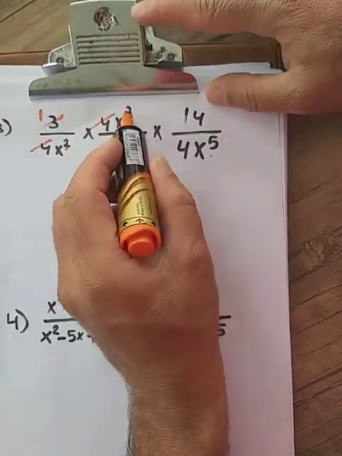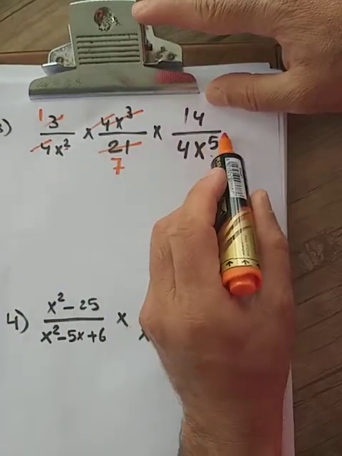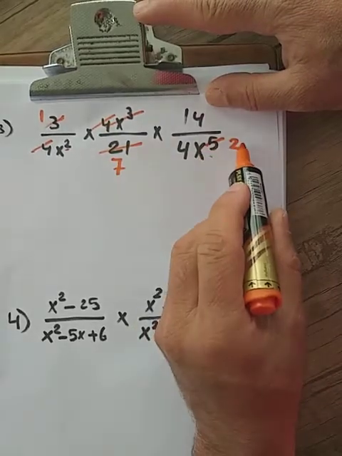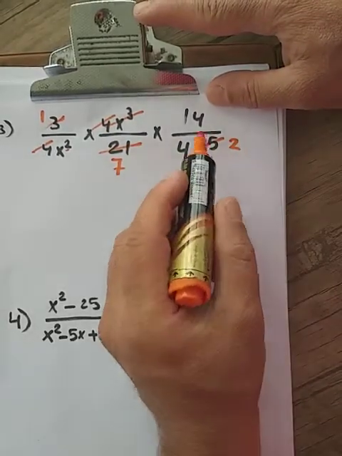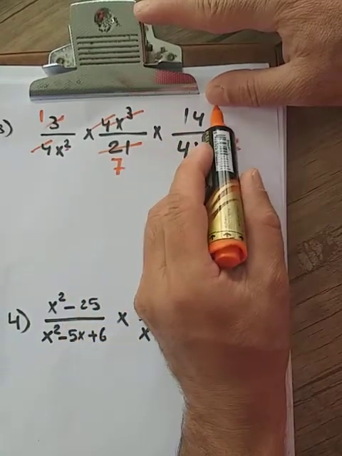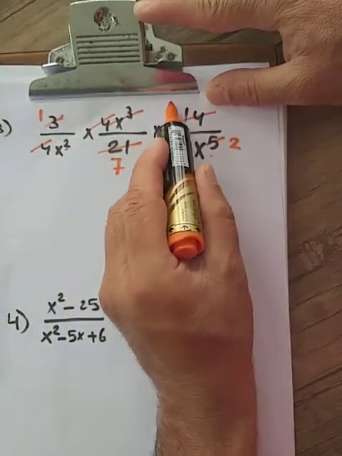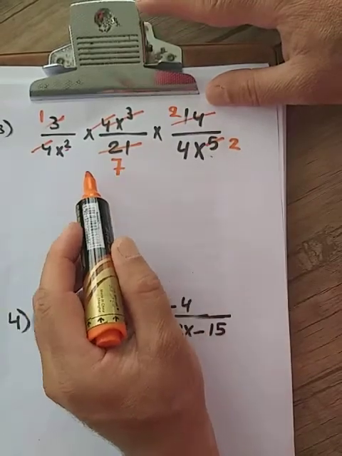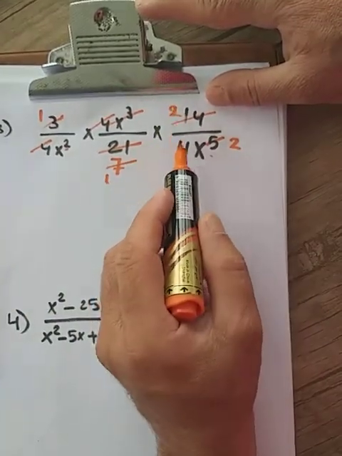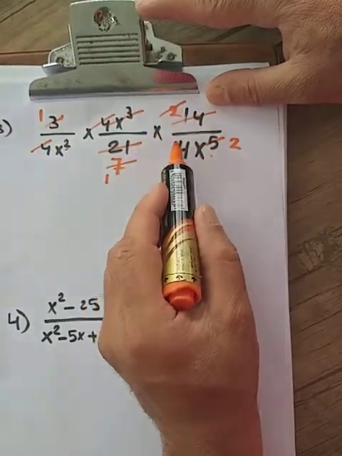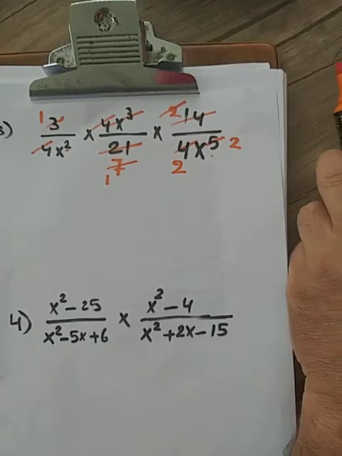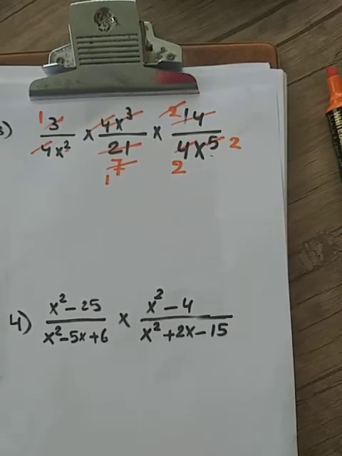Now we can cancel this 3 with this 5, which will be 2. x to power 2. Then 14: we can cancel this 14 with this 7. By 7, 2. By 7, 1. Now, 2 with 4. Yes, 2 with 4 we can cancel. We don't have more.